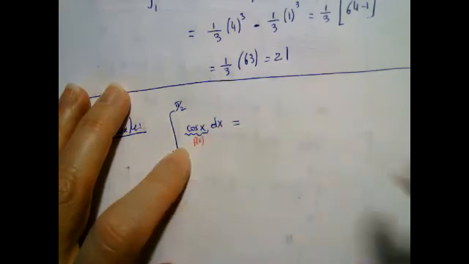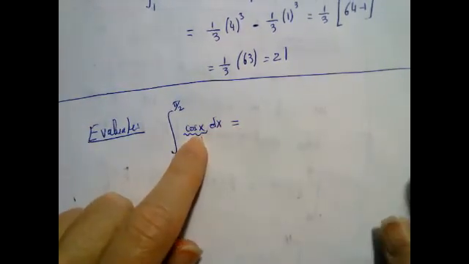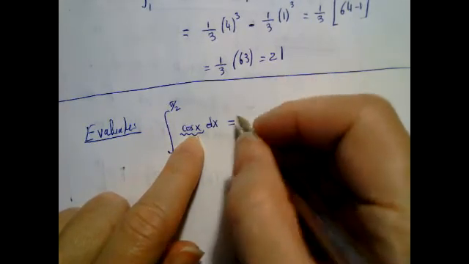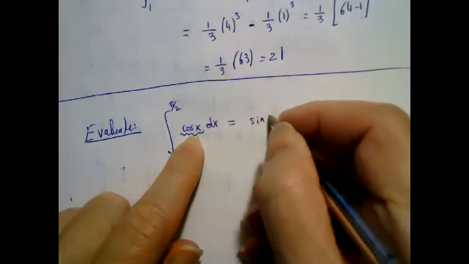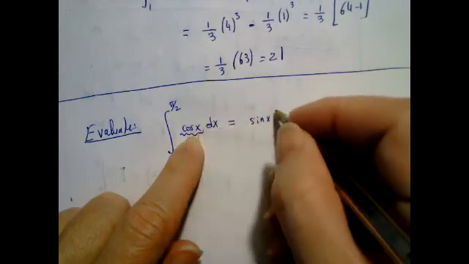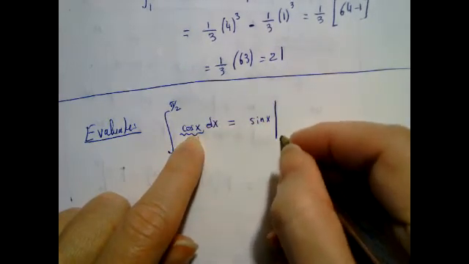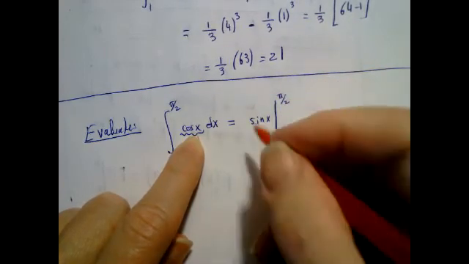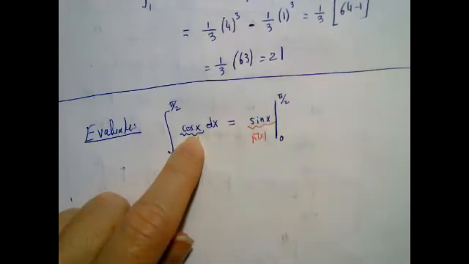It means I want the function whose derivative is cosine. You should try to remember that. It's the sine of x, because the derivative of sine is the cosine. So it's the sine of x evaluated between 0 and pi over 2. That's my antiderivative.